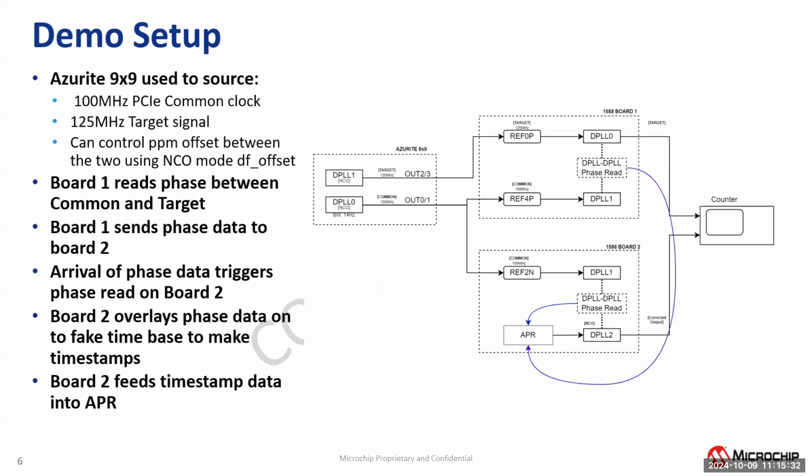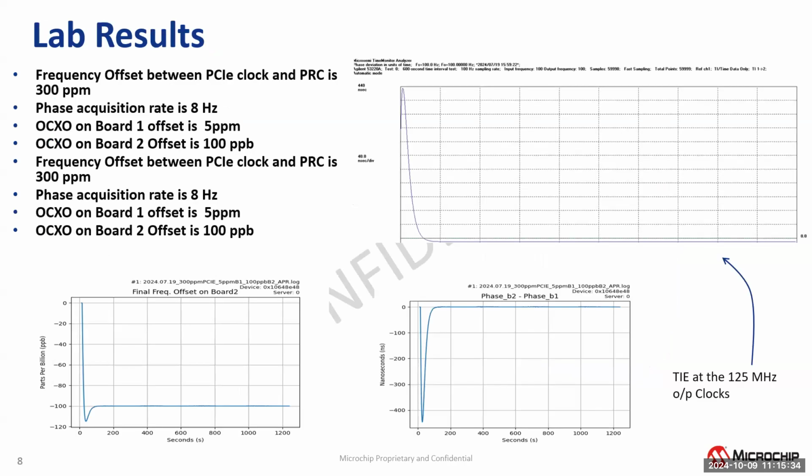So using that demo setup I showed on this slide, I was able to get these results. In this case, the offset between the PCIe clock and the primary reference is 300 ppm. And this 300 ppm number comes from the PCIe standard. That 300 ppm is a requirement on that 100 megahertz clock that is common on the PCIe bus.